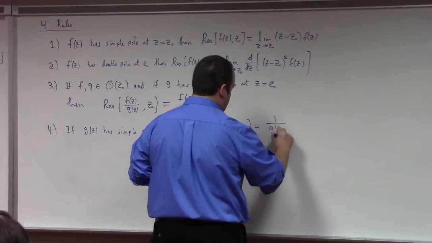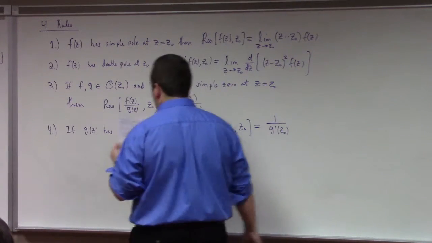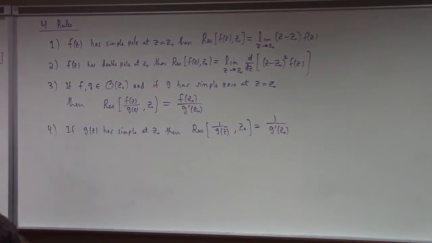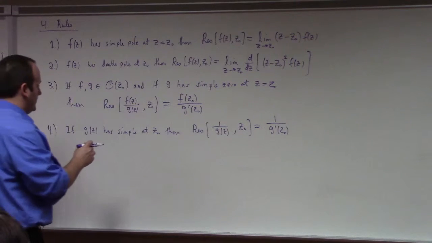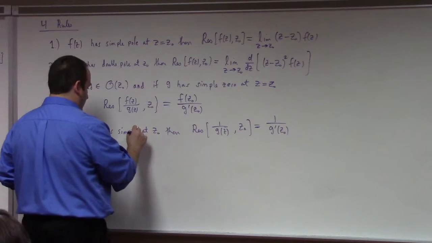Really, that's just rule number 3 with f set equal to 1, right? These are the rules. Is that simple 0? Simple 0, sorry. Right? Otherwise it wouldn't make sense.